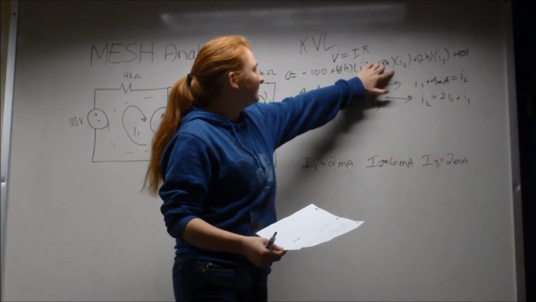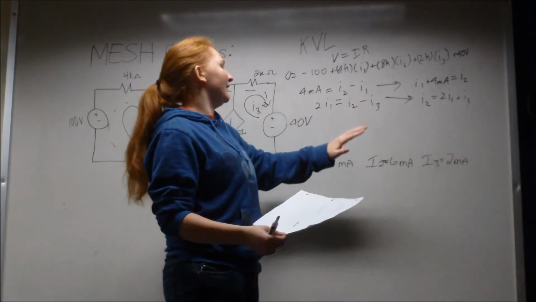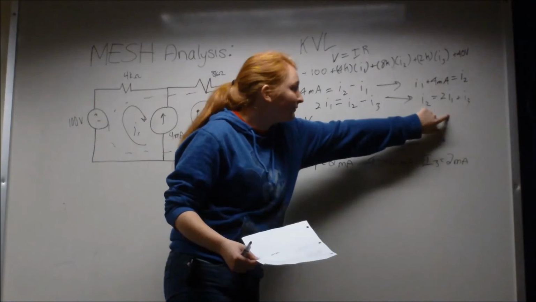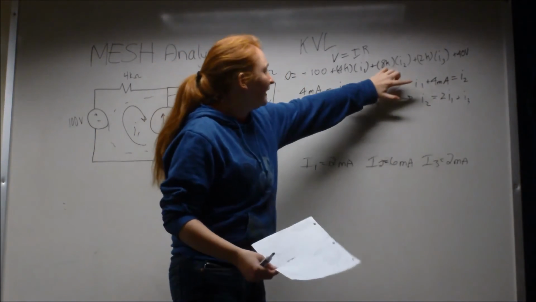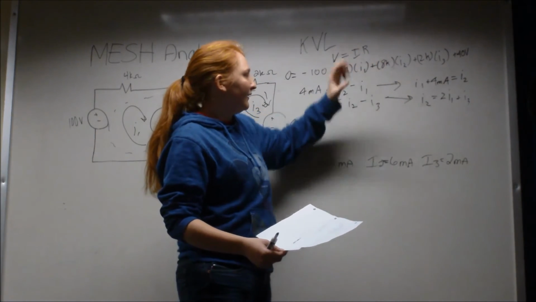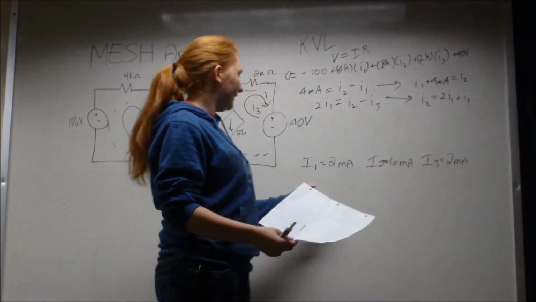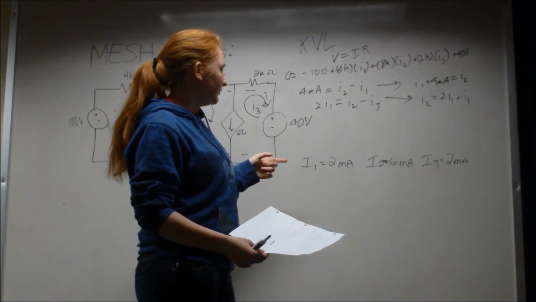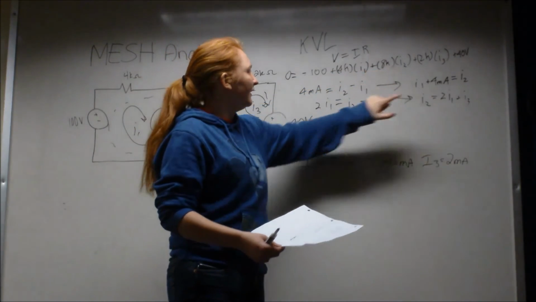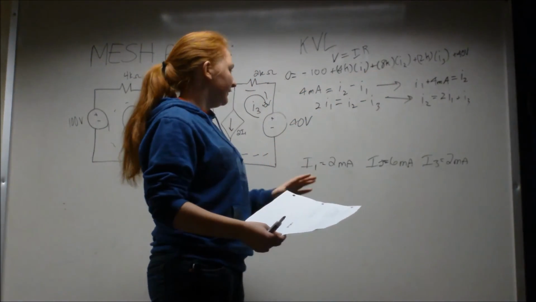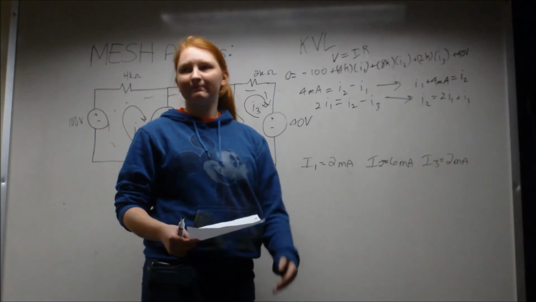After you plug this in, you take this entire equation and plug it into here so that you have everything in terms of I1. Once you get I1, you can use it to get I2 in this equation. And now that you have I2 and I1, you can use those to get I3. Doing that, you should get these answers. And remember, you can ignore the kiloohms and the milliamps because they turn out to be all milliamps. That's how it works.